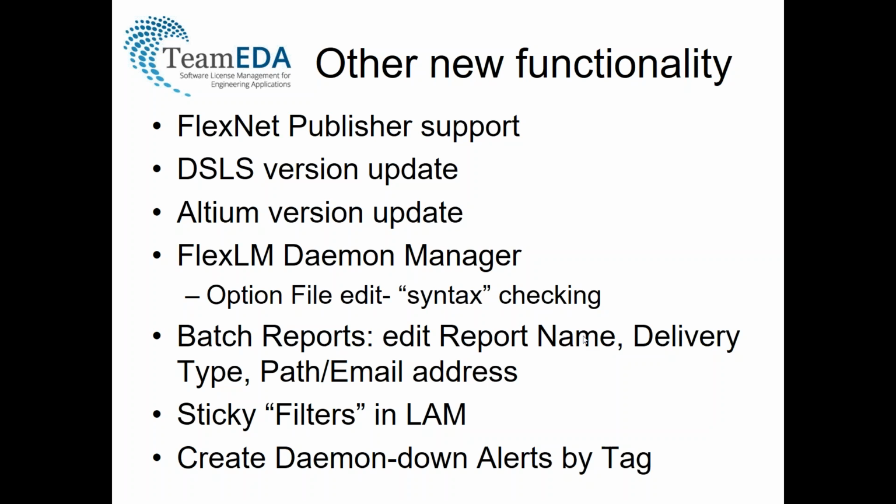And I think you could change it from weekly to monthly and all that, but that's not really relevant. So now you can change report name, delivery type, and path or email address instead of redoing that batch report again. Should make the use of batch reports a little more user-friendly.